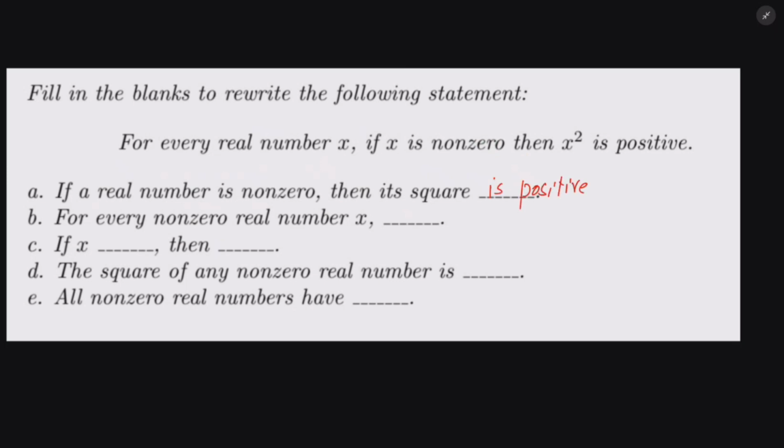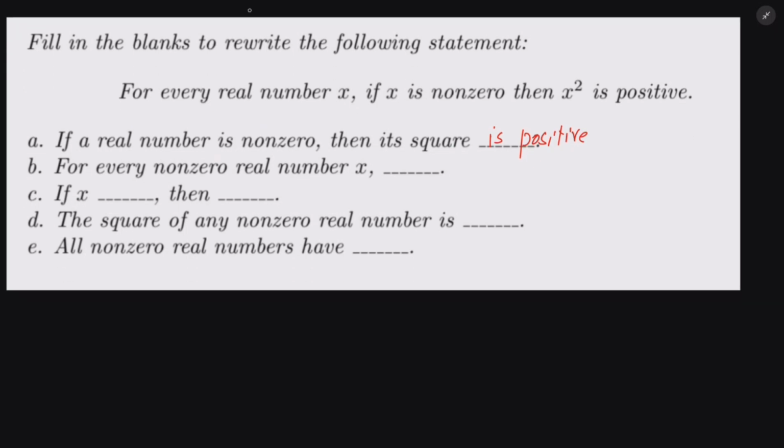So we have rewritten the given statement in part A. Now the same statement can be written as part B, and we have to fill this empty space. It says that for every non-zero real number x, x square is positive.